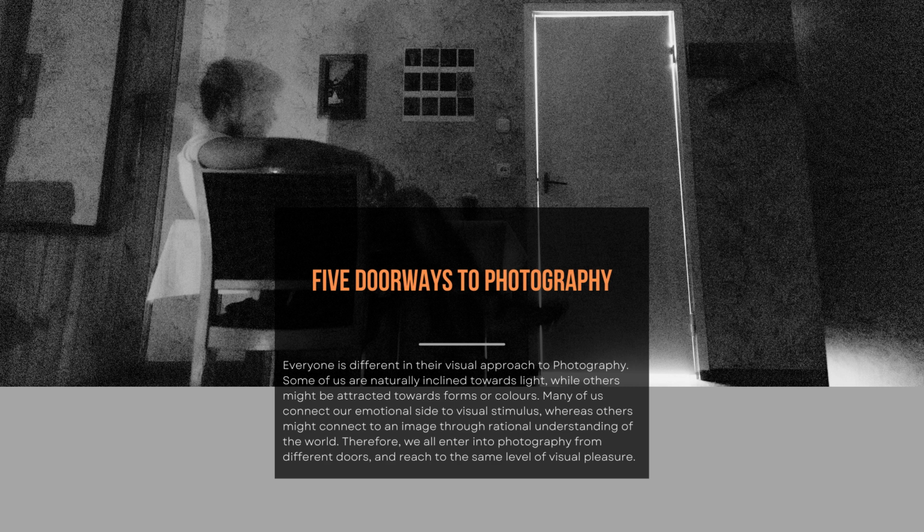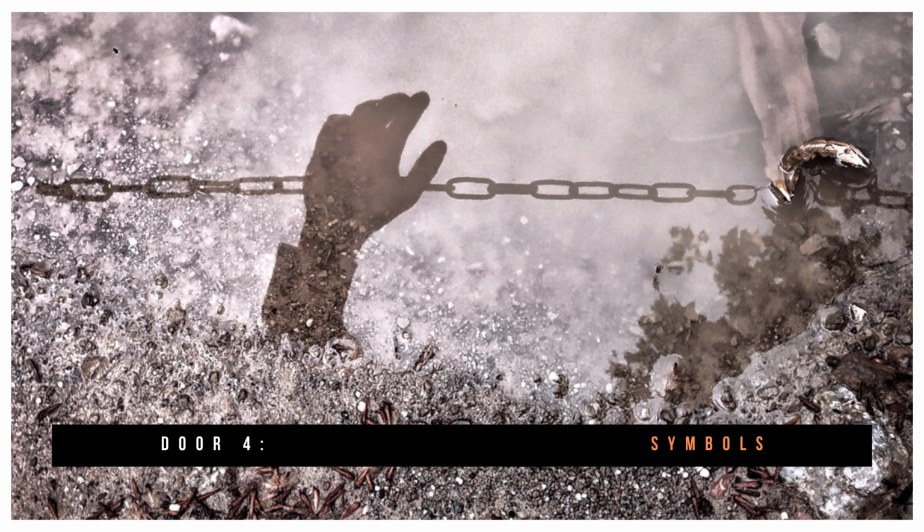Some people immediately enjoy light, some people immediately enjoy shapes, and that's why their entry points to photography are different. And once we explore these different doors, we reach the conclusion that we need all these doors in a photo to create an iconic photo.